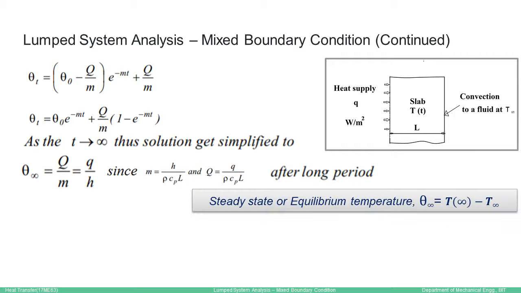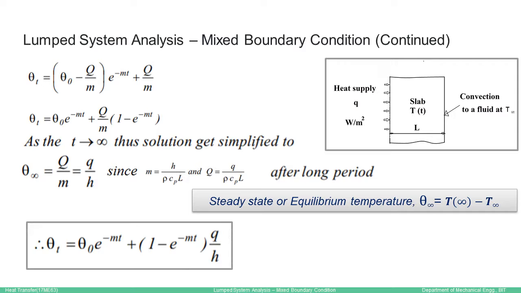That is, when the solid reaches its steady state or equilibrium temperature after a very long time, then theta infinity is used. Theta infinity is actually equal to T infinity minus T of infinity, whereas T infinity is the ambient fluid temperature and T of infinity is the equilibrium temperature or steady state temperature reached by the solid after a long duration of time.